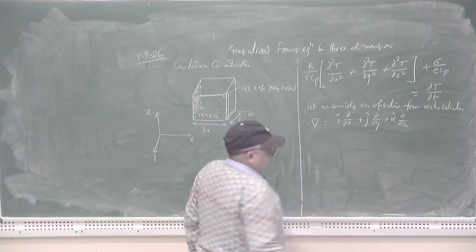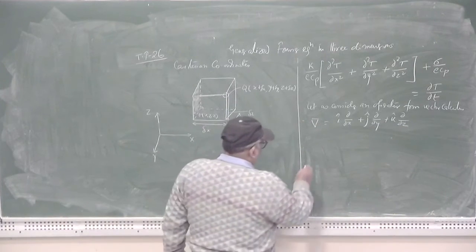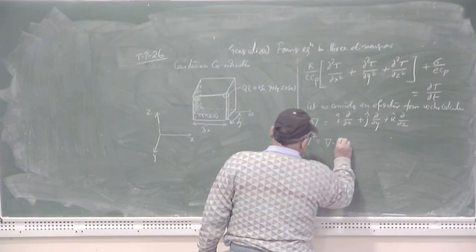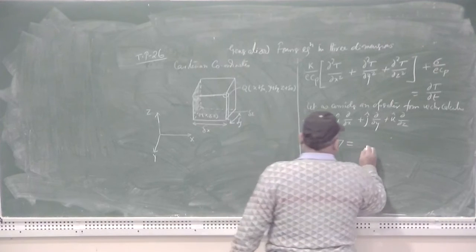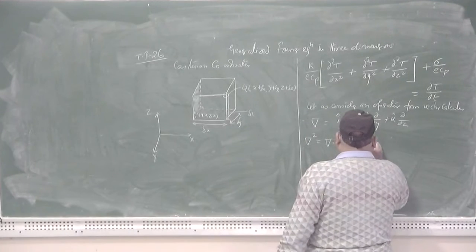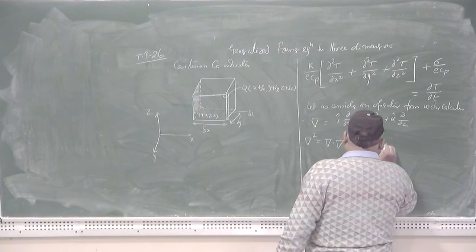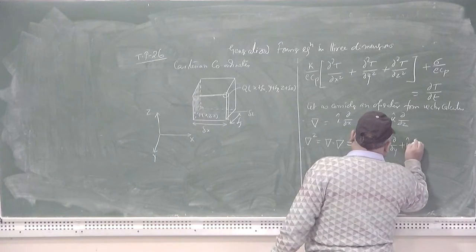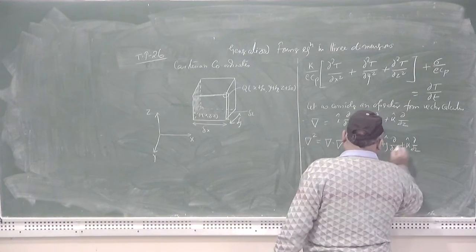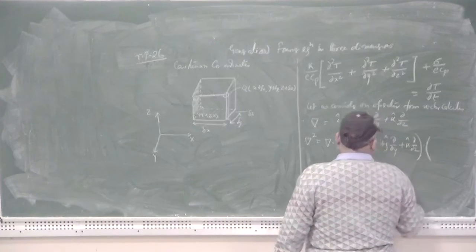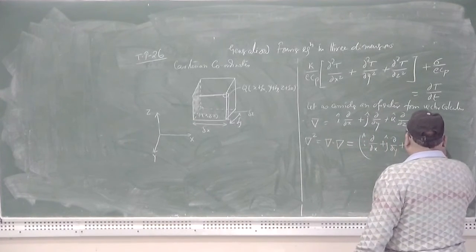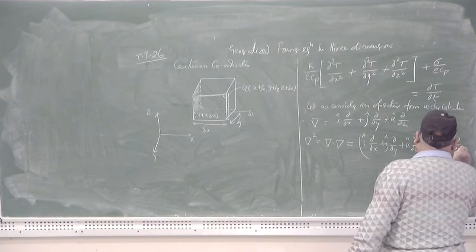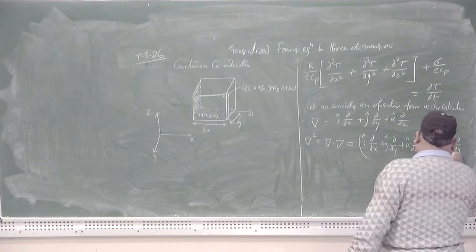Square. So del square is equal to del dot del. That should be equal to i ∂/∂x plus j ∂/∂y plus k ∂/∂z, dot product of the same quantity, i ∂/∂x plus j ∂/∂y plus k ∂/∂z.